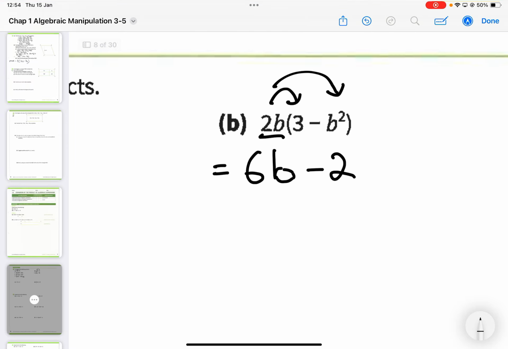You all should know already. 2b times 3 is 6b. 2b times negative b squared. Positive times negative, negative.